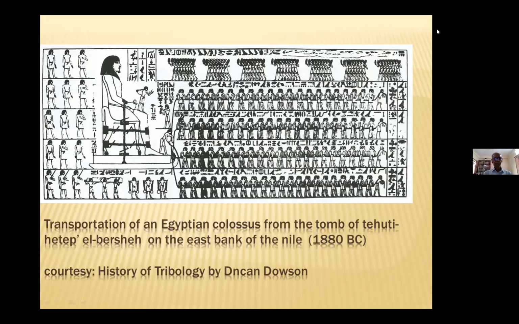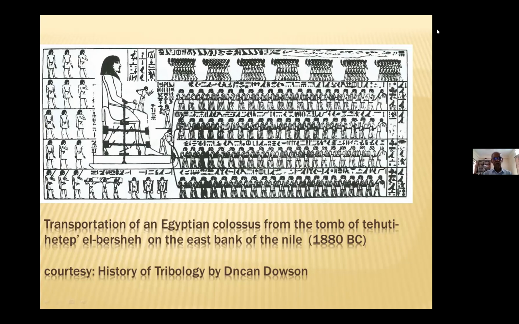For example, this figure shows the transportation of an Egyptian colossus from the tomb of Tehuti Hetep at El Barsa on the east bank of the Nile in 1880 BC.